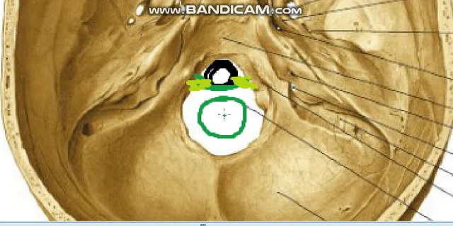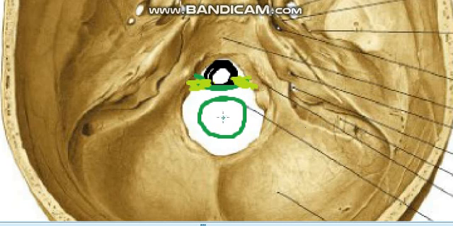So it is the upper margin of the arch of the atlas where theoretically you have the transition point between the medulla oblongata and the spinal cord, or to be more accurate, from the point of emergence of the first pair of spinal nerves, that is the C1 nerve's emergence point. Above that, theoretically we say, is the medulla oblongata, and from that point onwards below is the spinal cord.